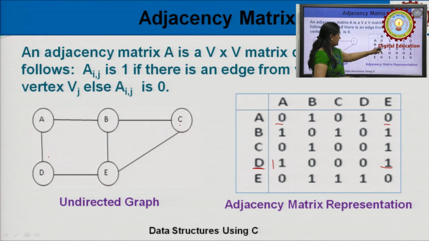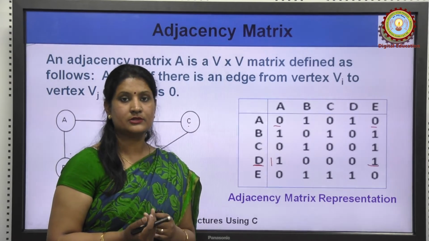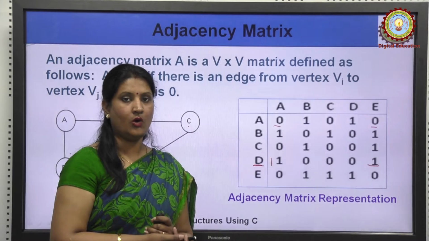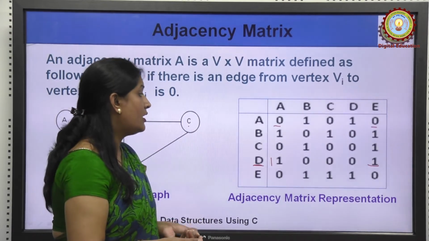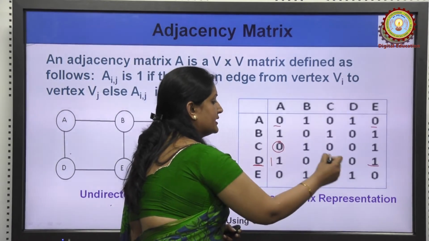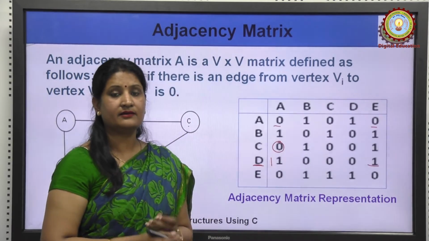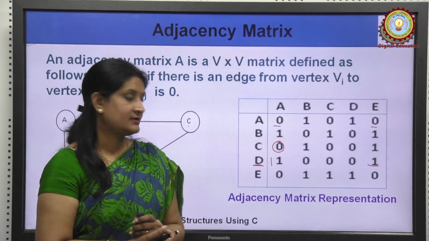Here we see in the matrix there are two types of entries, 0 and 1. That is why it is also called bit matrix or Boolean matrix. Here all 0 entries specify that there is no connection between these two vertices.